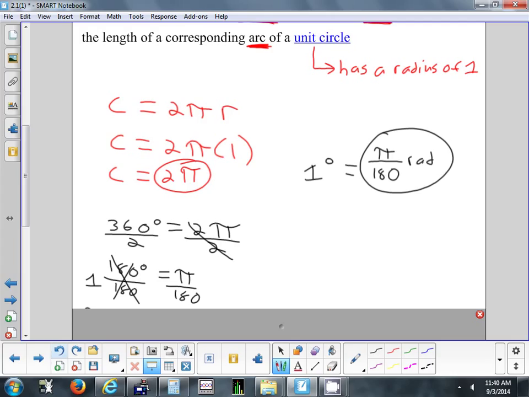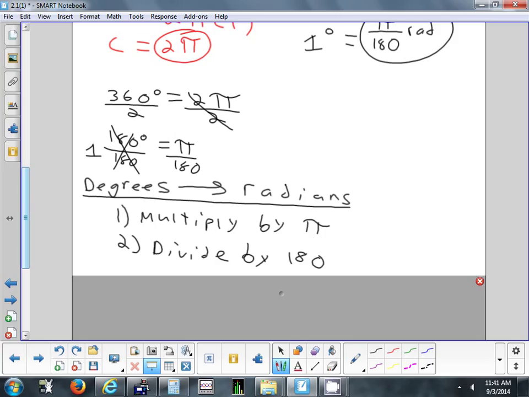Those are the 2 steps you need to do if you want to convert degrees to radians. Take the number of degrees you want to convert, multiply by pi. That's step 1. Step 2, divide by 180. Those are the 2 steps. Multiply by pi, divide by 180. So all you really need to remember is these steps. Unless they ask for a decimal, we won't use decimals. We'll be leaving pi in the final answer most of the time.